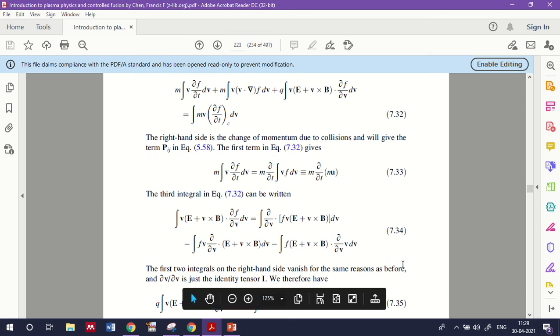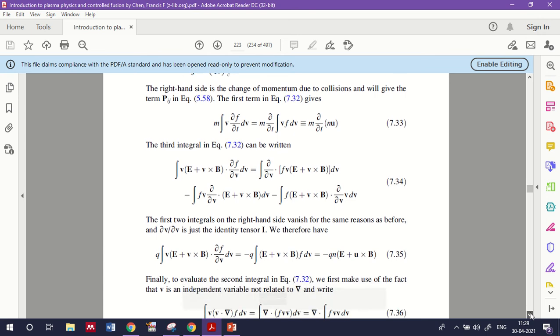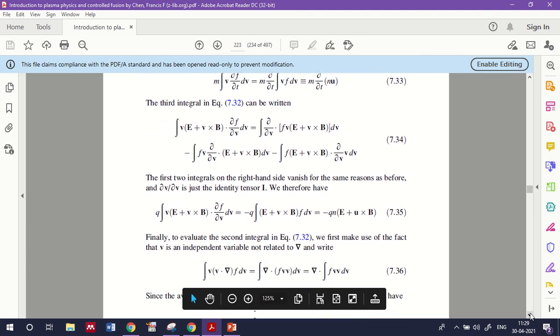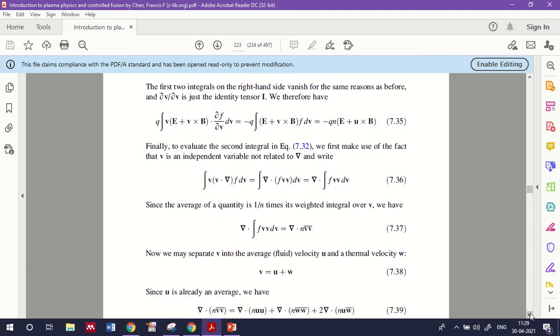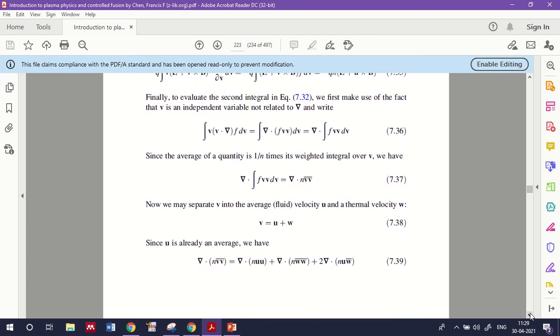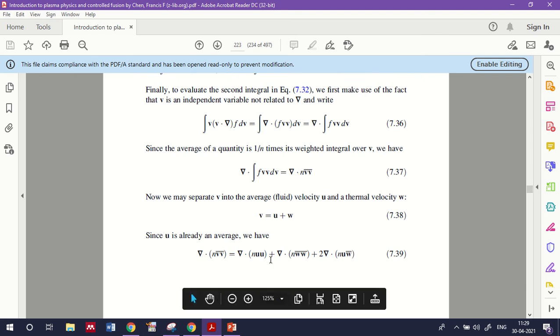And if you take q into E plus v cross B integral over dou f by dou v, then the final solution becomes minus q E plus u cross B. Okay, so that's the information we had. Then we explain the second term. The second term, we are giving, has terms del dot n u u bar, del dot n w bar and 2 dot n u w bar.